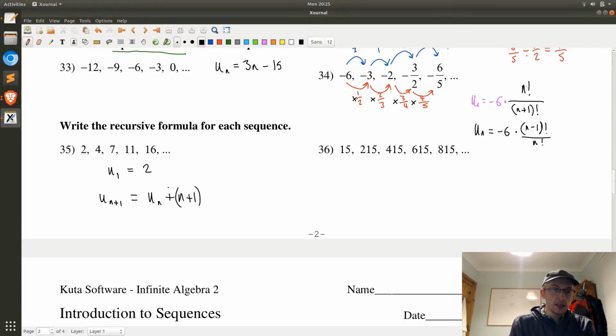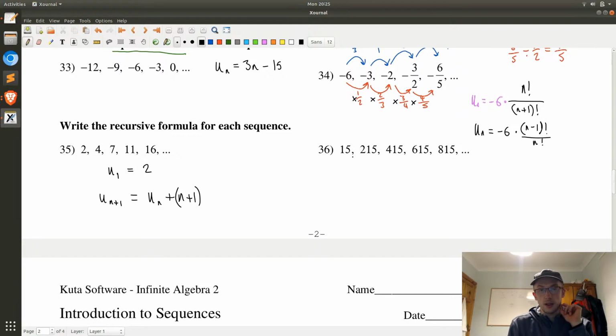Okay, how about that? Try it out. To get term number 2 rather, that would be term number 1 plus 2, which is correct. So that's fine.